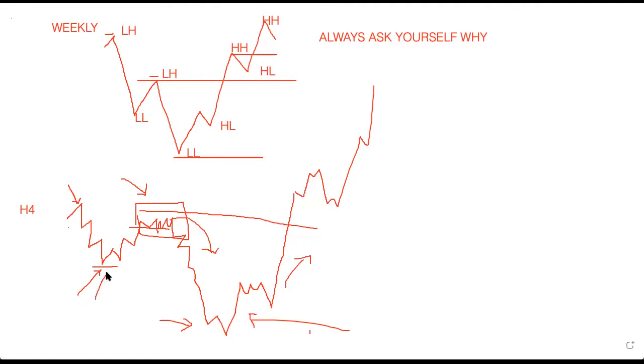Price has broken structure here. Why has it broken structure here? Because on a weekly chart, we have an impulse. So price has broken structure so that we can correct this move before we move down. So these are the type of questions you always need to ask yourself as a trader, and these are the things that you really need to look at first in the market. Okay.